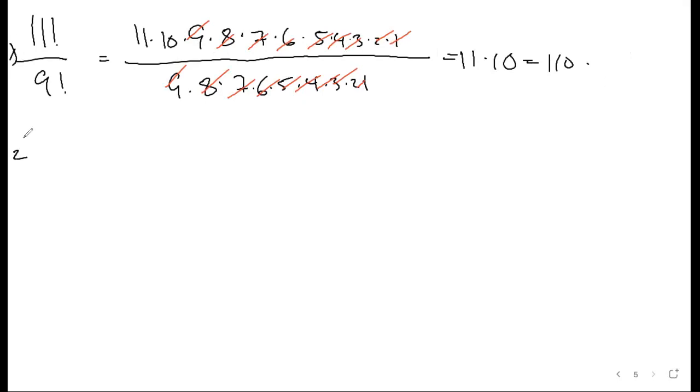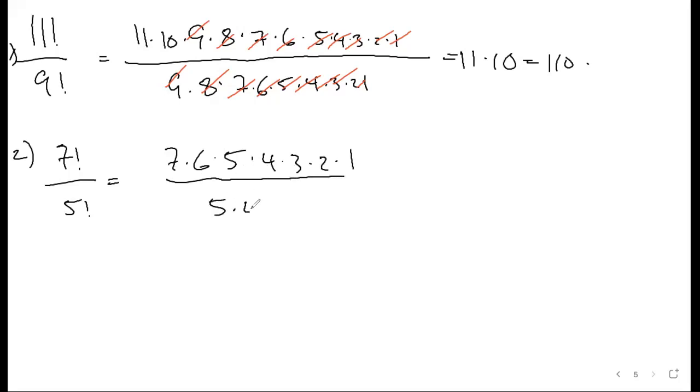This is number 1. Let's do number 2. Let's say 7 factorial all over 5 factorial. What is this going to be equal to? Well, again, you just do 7 times 6 times 5 times 4 times 3 times 2. You just unravel the top and the bottom and you make the necessary cancellations, right?